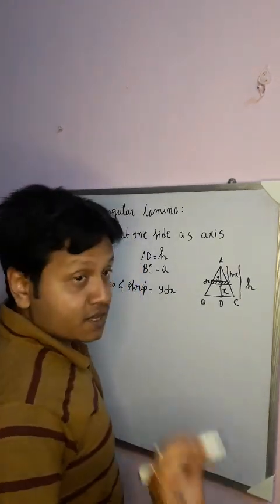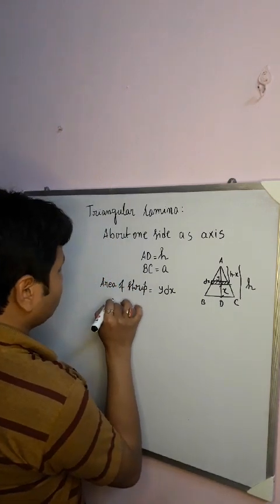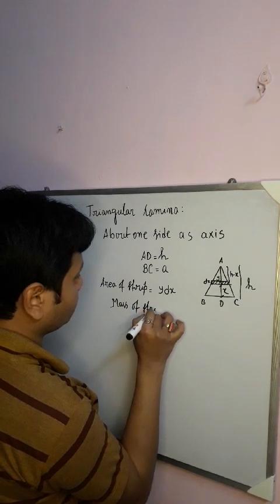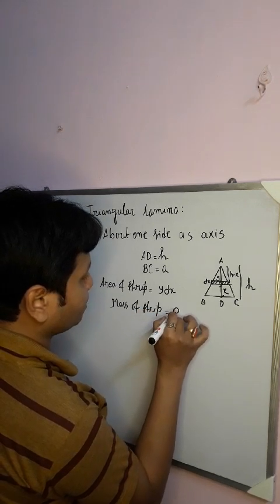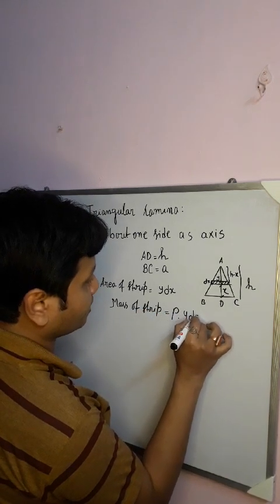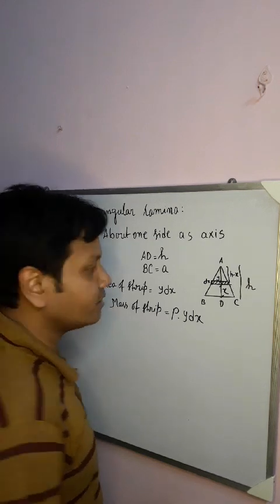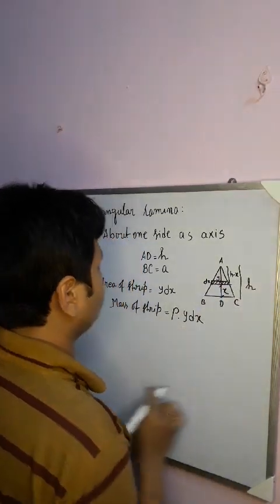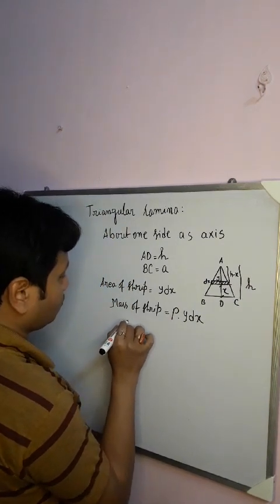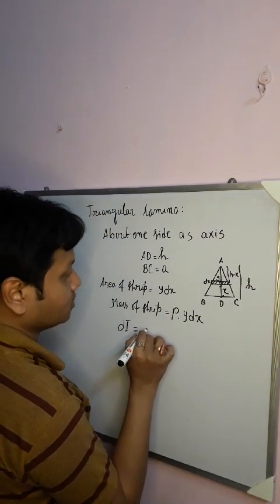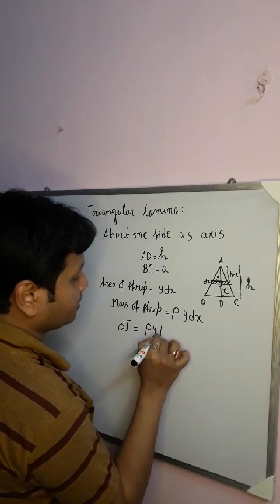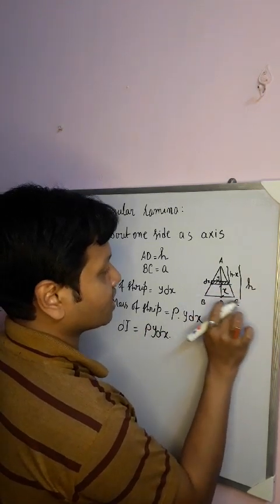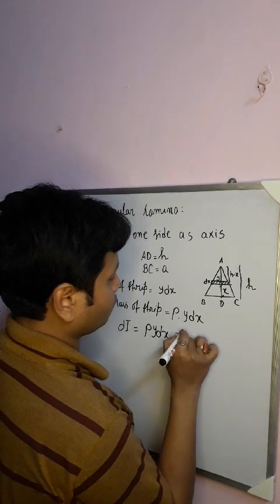If rho is the mass per unit area, what will be the mass of the strip? Rho is the mass per unit area, so my area will be y dx. Now what will be the moment of inertia of the strip about BC? If we call it dI, this will be simply rho y dx into distance square. That means the arm is x, that is x square.